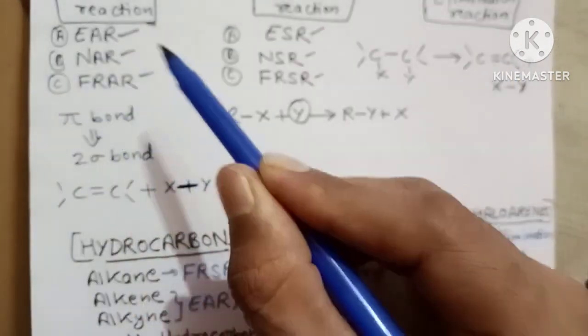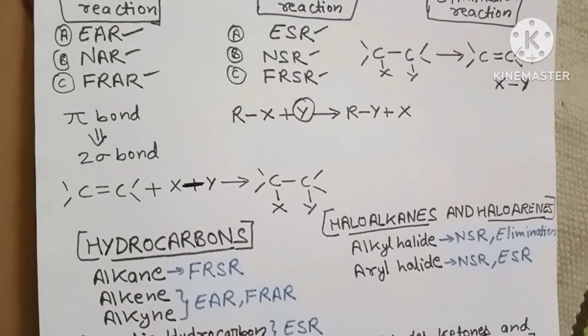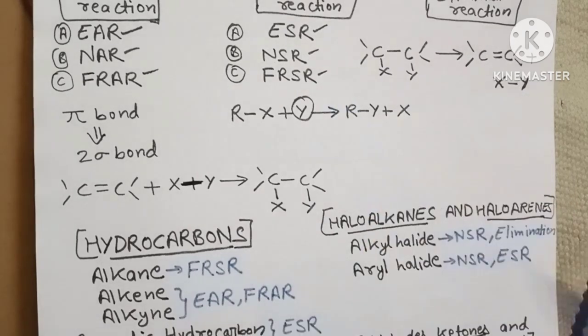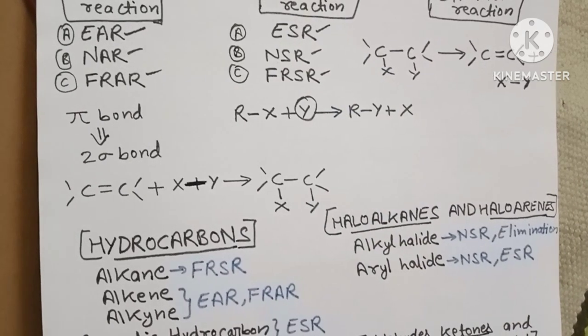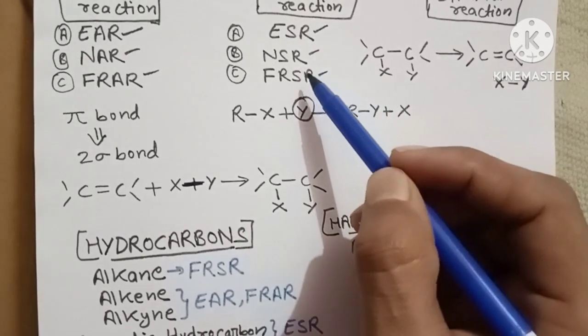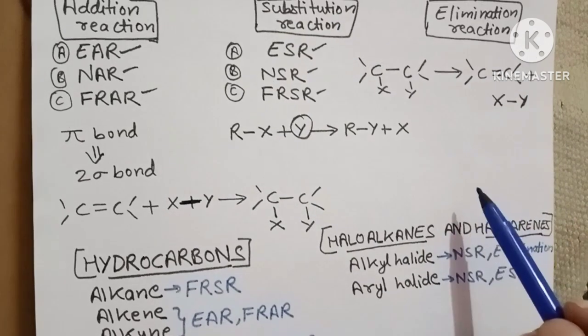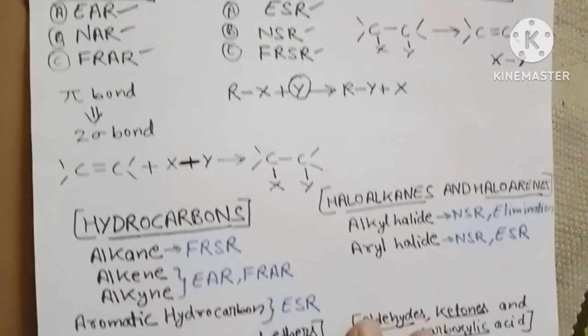If you study these three mechanisms, then you will be able to solve a number of reactions and a number of questions which come in your exams. Then these three are of substitution, and then elimination is of E1 and E2 you will have to see.